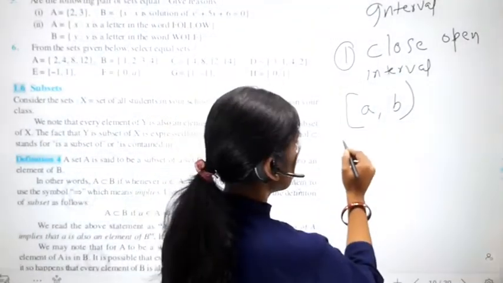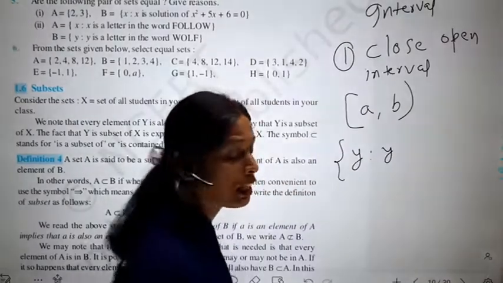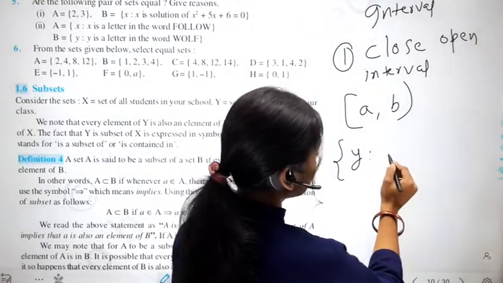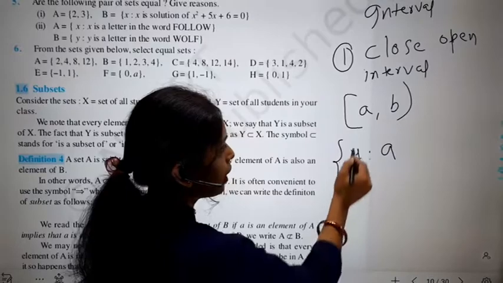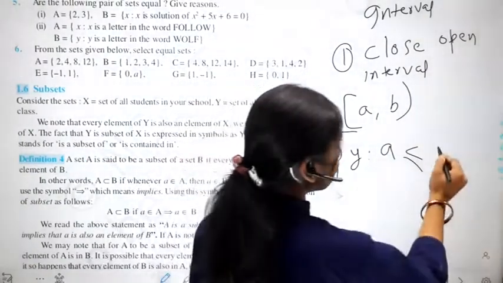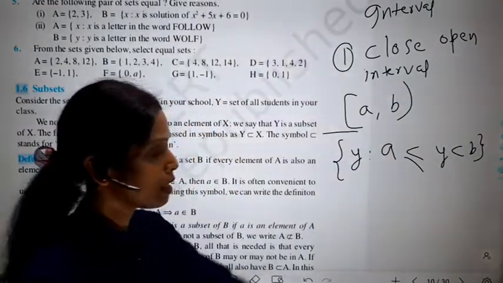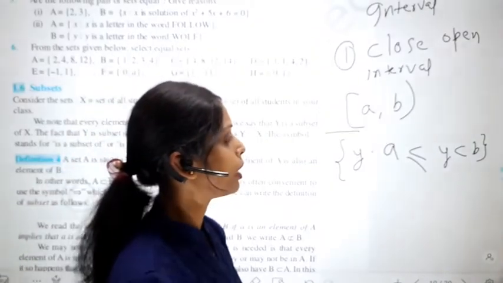It is the collection of all those y such that a, here a is closed, a is less than or equal to y and y is less than b. Then this is the notion of the closed open interval.